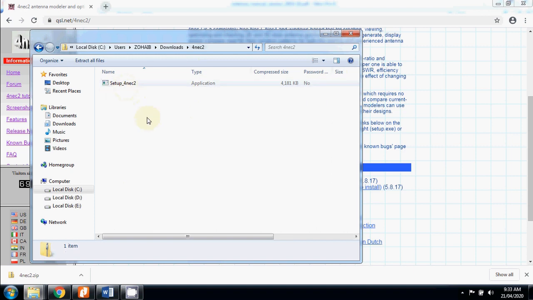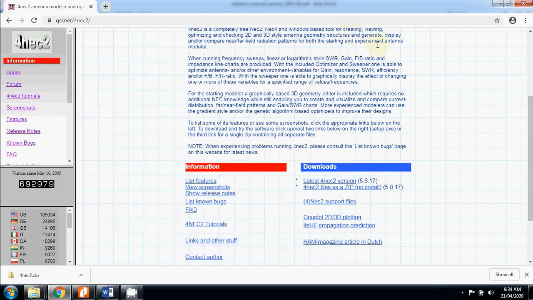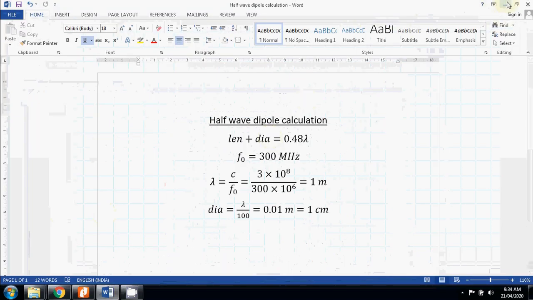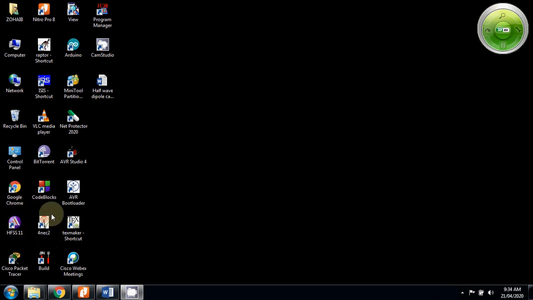I'm not going into the installation process of 4NEC2 because it is pretty straightforward. You just have to double click on it and press next, and it will get installed in the program files on the C drive of your operating system. Once it gets installed, its icon will look something like this. This is the icon of 4NEC2.